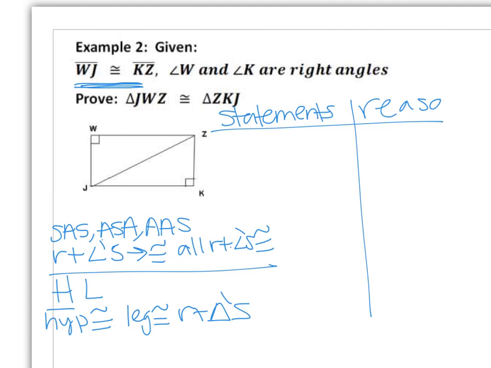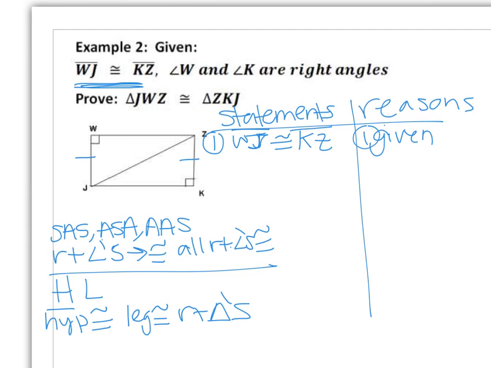So if I mark WJ is congruent to KZ, given. WJ is congruent to KZ, given.